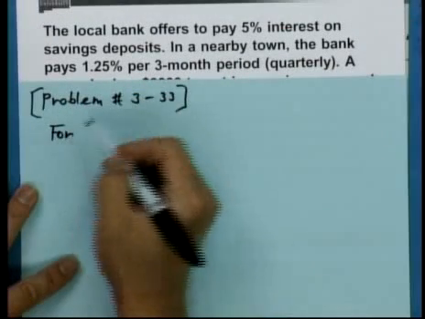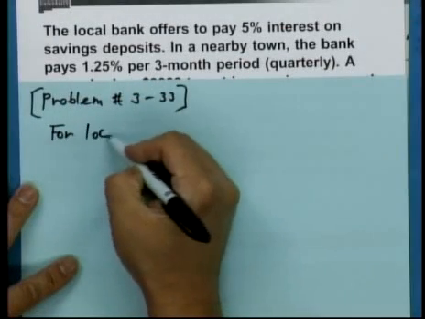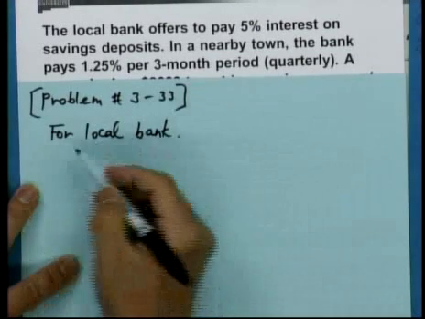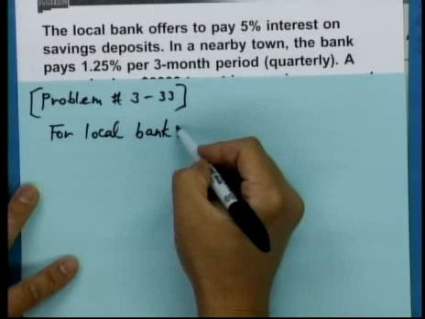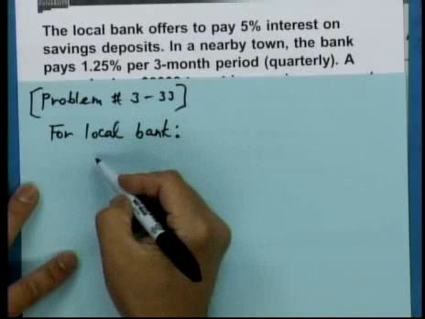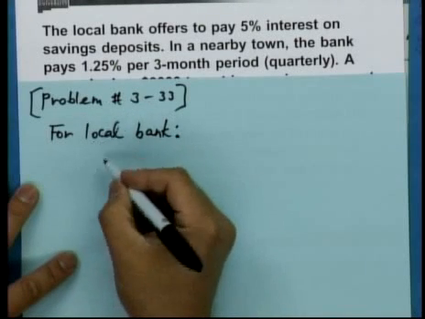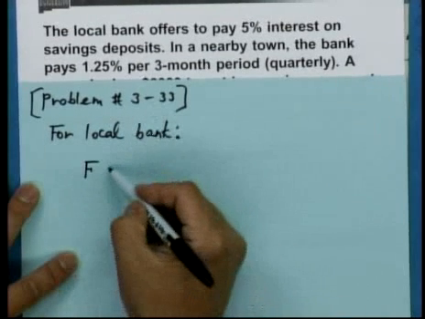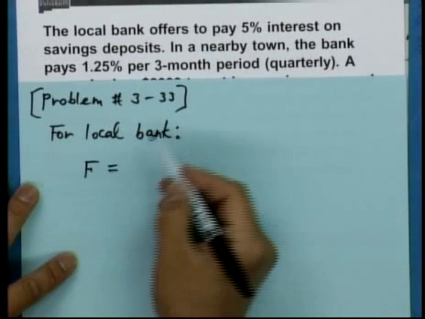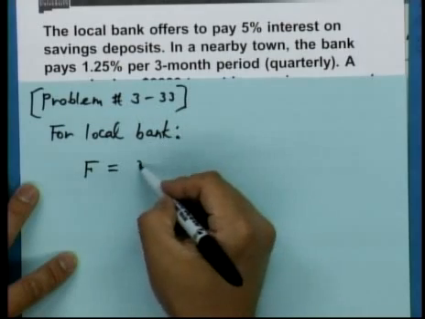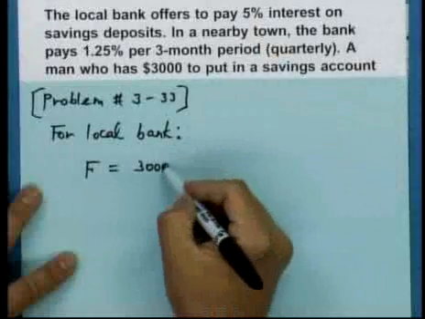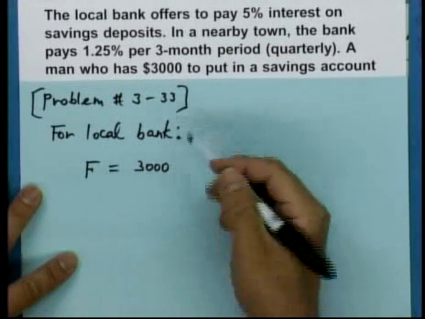For the local bank, we want to know the future sum F given $3,000 is the present sum, right?